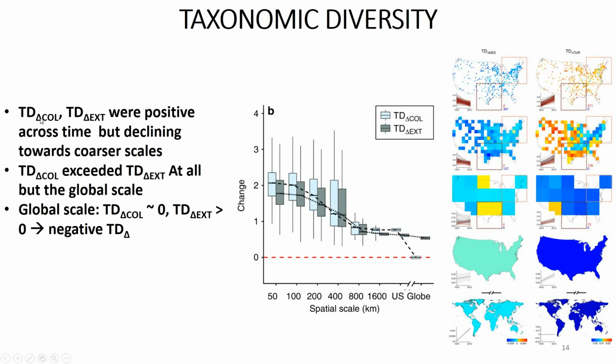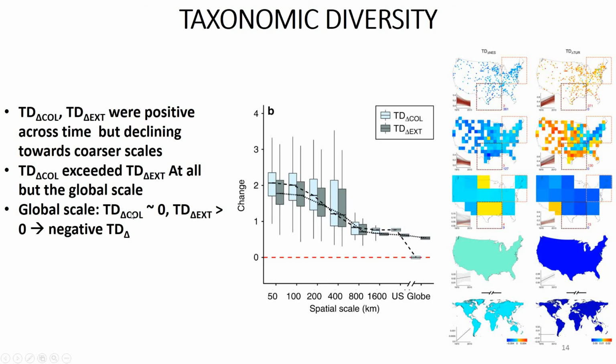So the taxonomic colonization and the taxonomic extinction were positive across time but declined toward the cluster scale. The taxonomic colonization exceeds the taxonomic extinction at all but the global scale.